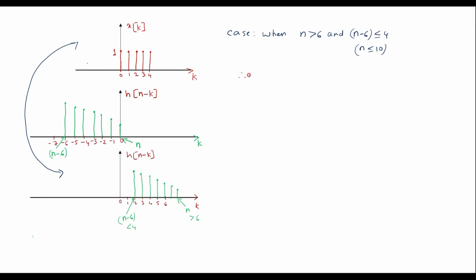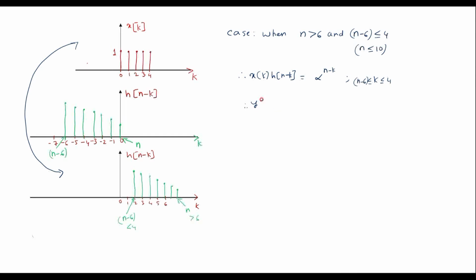Therefore, we can write it as x of k h of n minus k is equal to alpha power n minus k. K is less than or equal to 4 and greater than or equal to n minus 6.